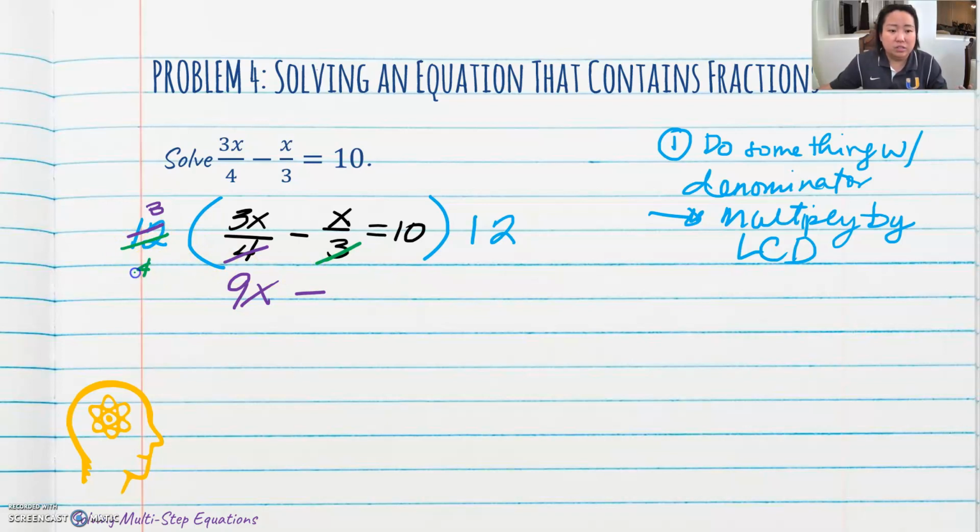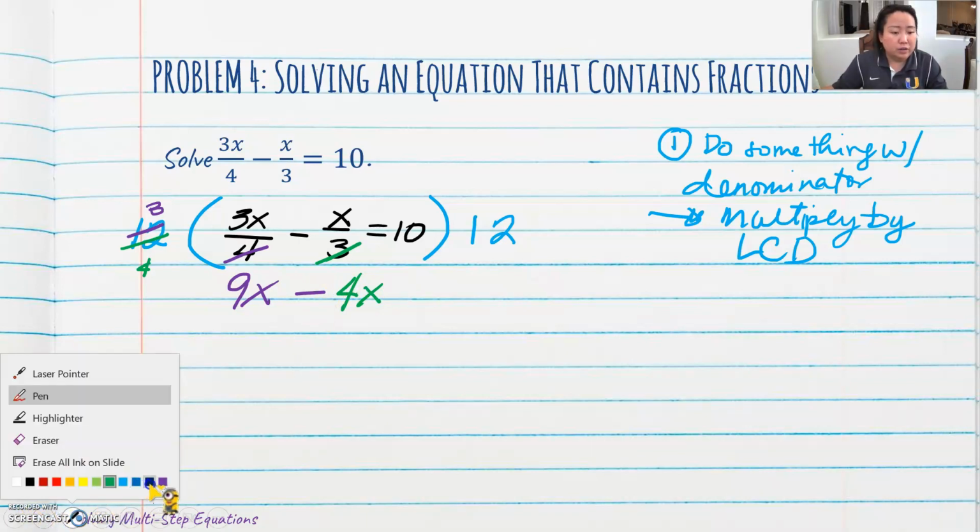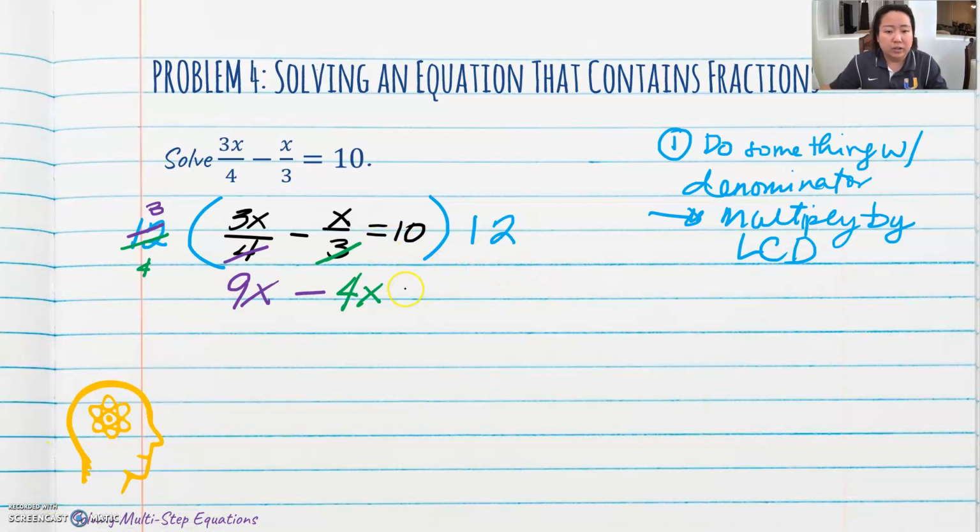So now this 4 needs to be multiplied to the numerator, so now you have 4x. And then, of course, the right side of our equation says it is 10 times 12, which is 120.